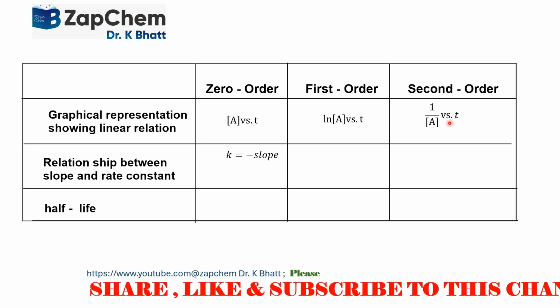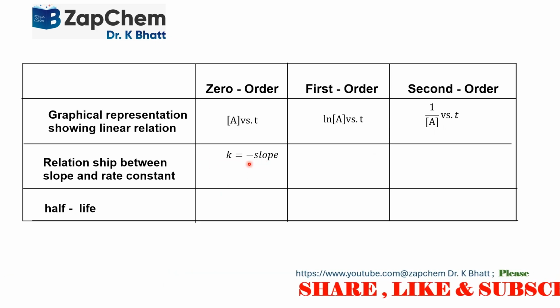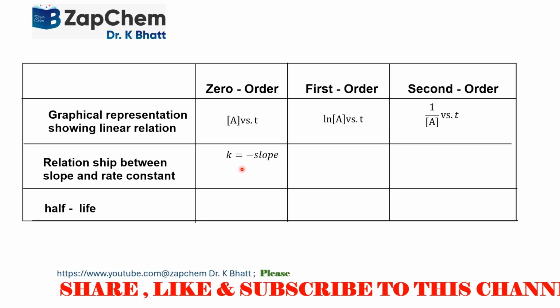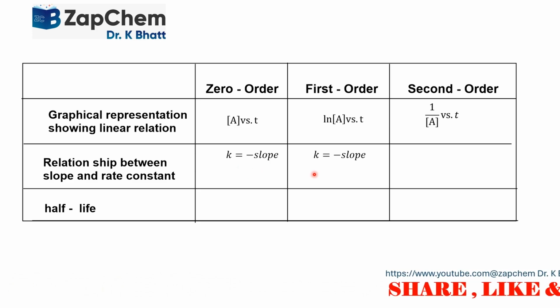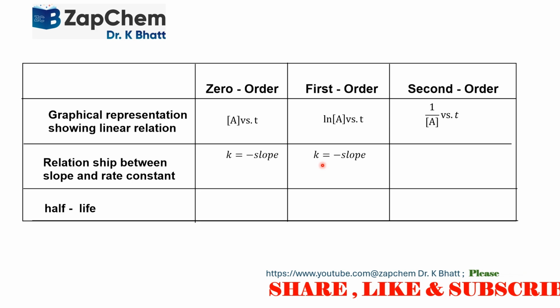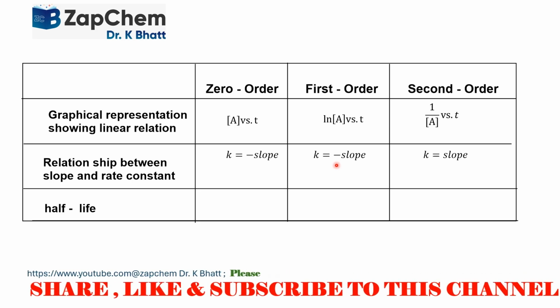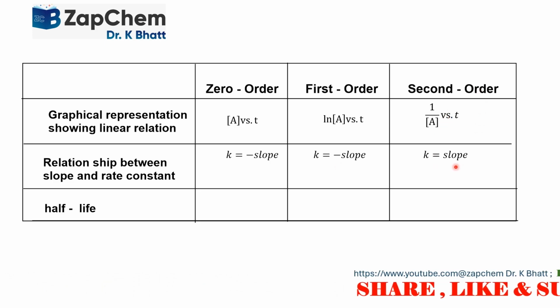And for the relationship with the rate constant: if we get the slope, the negative slope represents the rate constant. Similarly, whatever plot gives a straight line, k is represented by a negative slope, and in case of second order, it is represented by the slope only.